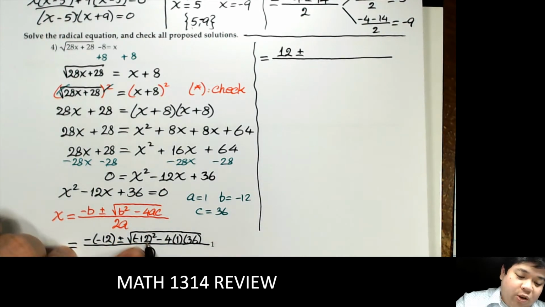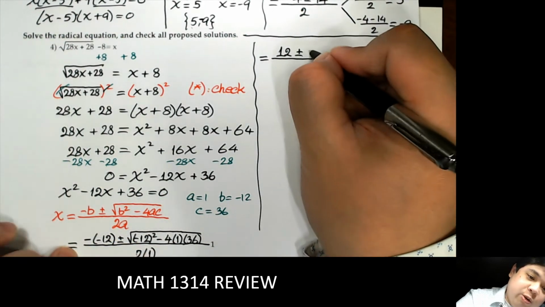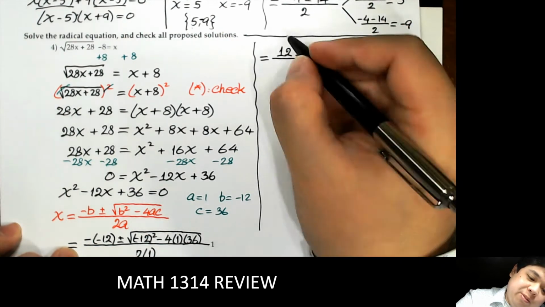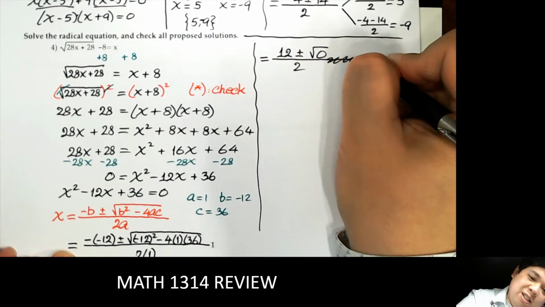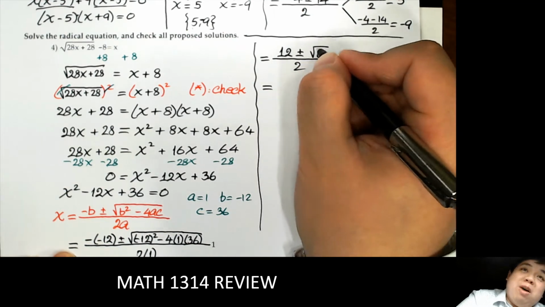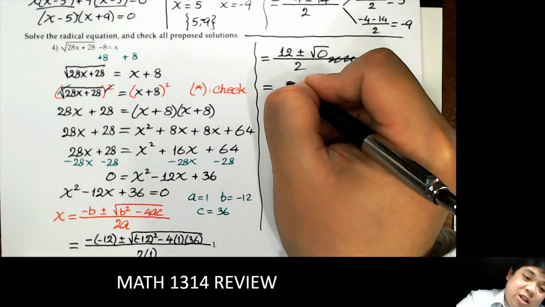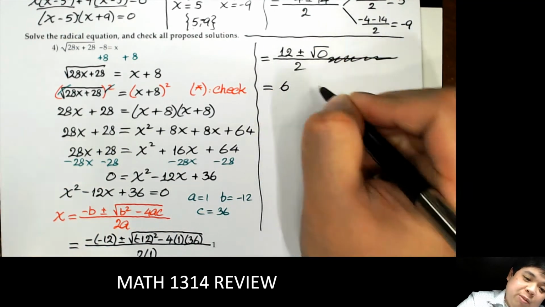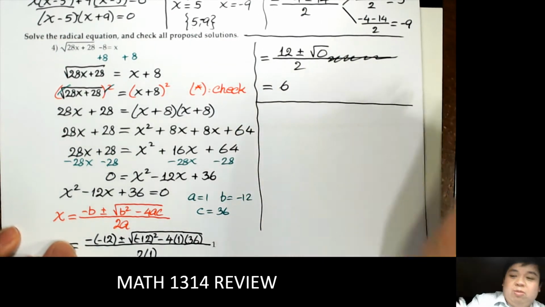That is 0, so plus minus 0 is still 0. So we just have 12 over 2, which is 6. So just one value, still need to check.